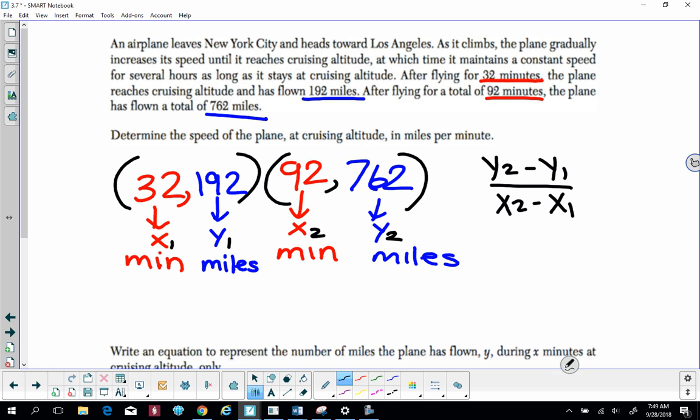So for y2, at this point, you should have at least plugged in 762 minus 192 over 92 minus 32. If you need a calculator, raise your hand, I'll come around.